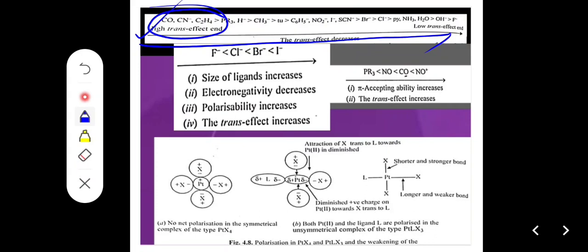For example, they produce more attraction to the metal, so they also make less attraction of the trans ligand with the metal. Then PR3, H minus, CH3 minus, because H minus and CH3 minus are good sigma donors, they produce a stronger bond with platinum(II). So they also make the trans ligand loosely bound to the metal.